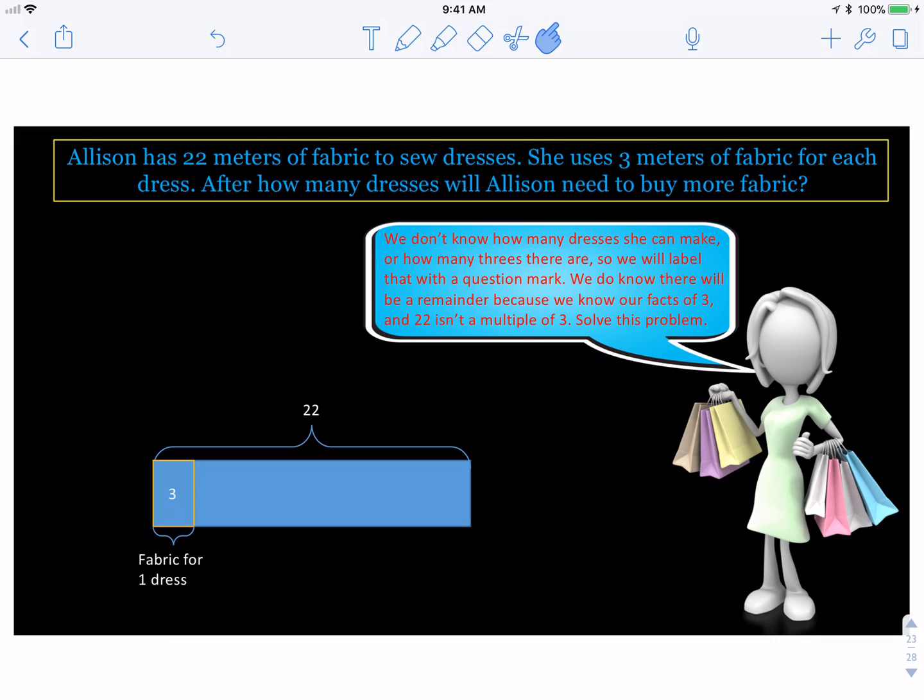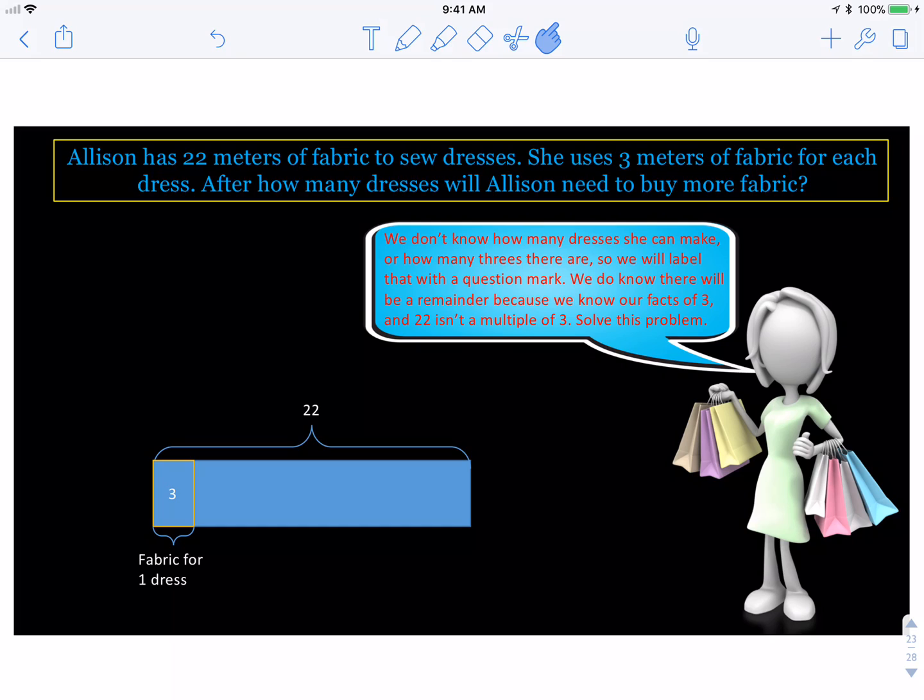We don't know how many dresses she can make or how many 3s there are, so we will label that with a question mark. We do know that there will be a remainder because we know our facts of 3, and 22 isn't a multiple of 3. Solve this problem.